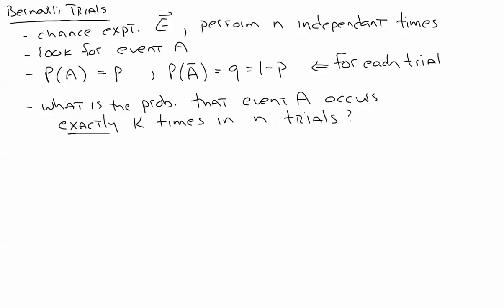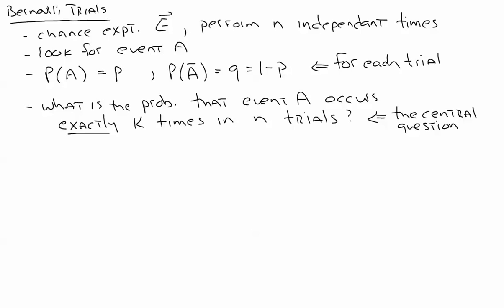All right, that's the question we're going to answer first. What's the probability that event A occurs exactly k times in n trials? I sometimes refer to this as the central question. And I say that because if we can answer this question, we can answer just about every other question related to Bernoulli trial type experiments.